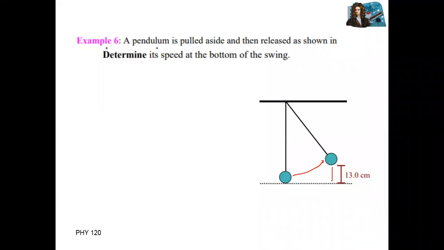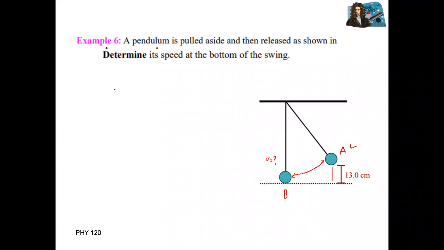So let's suppose if we divide this, this is position A, this one is position B. If you release this pendulum from position A, it will move toward B. So what is the speed at position B? Same, we can find the speed at position B.